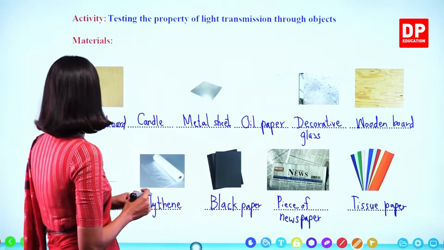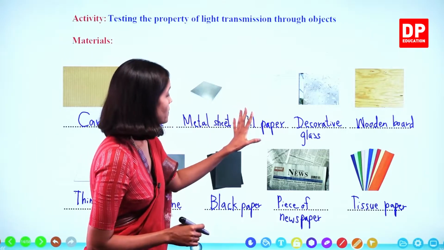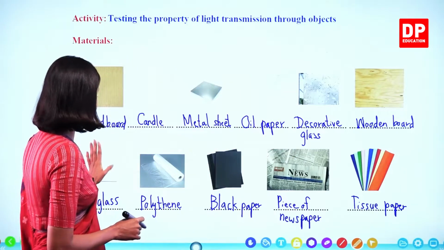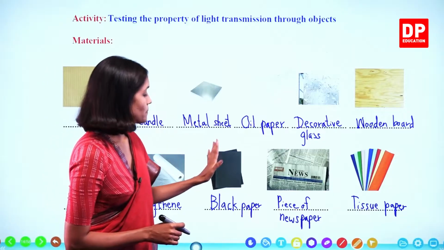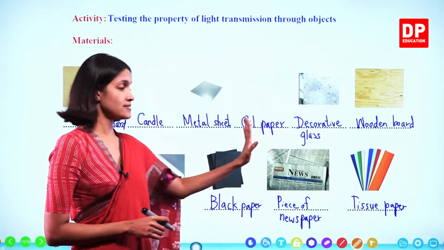Okay, children? Cardboard, candle, metal sheet, oil paper, decorative glass, wooden board, thin glass, polythene, black paper, piece of newspaper and tissue paper with different colors, right?